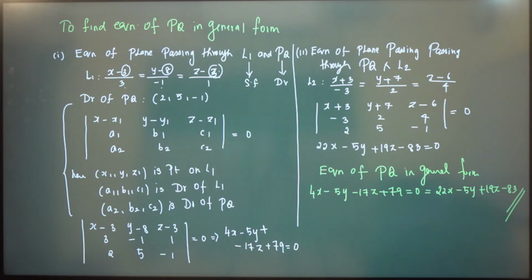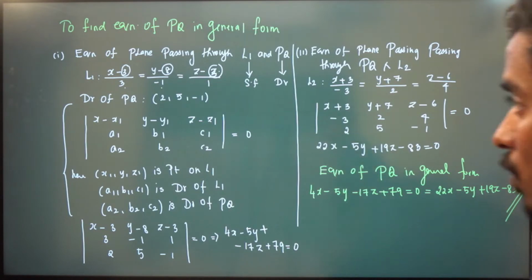So we will do one problem and then we will wind up this session. The second question: we will do one more problem and then wind up this session, right?